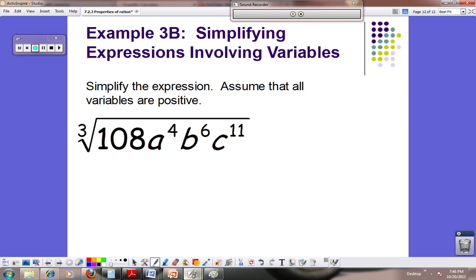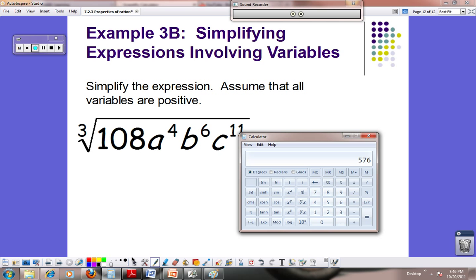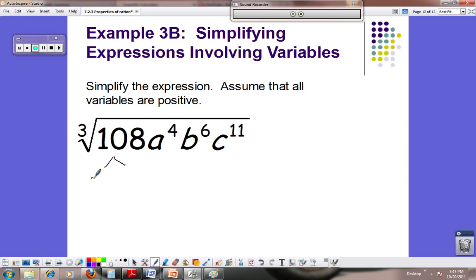Okay. So let's go ahead and pull up our calculator. I want to know 108 divided by, well, let's actually start with 64, since that's the smallest number possible. I get a decimal, it doesn't go evenly. So 108 divided by 27, we find out that it's 4. So this can be split up into the cube root of 27 times the cube root of 4.